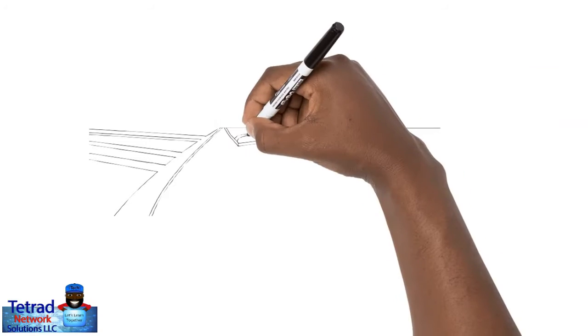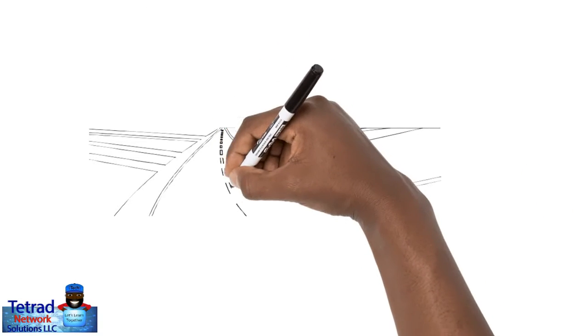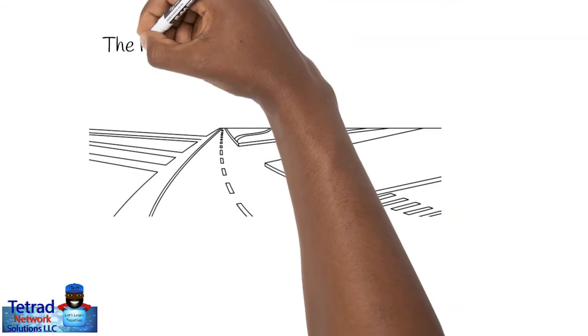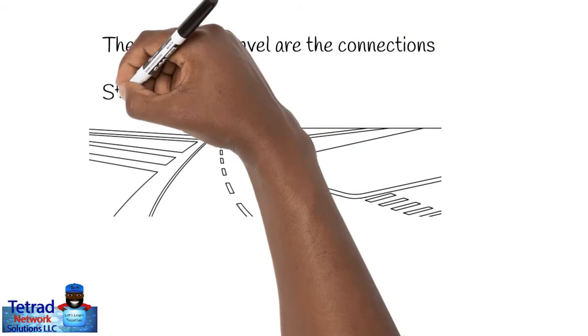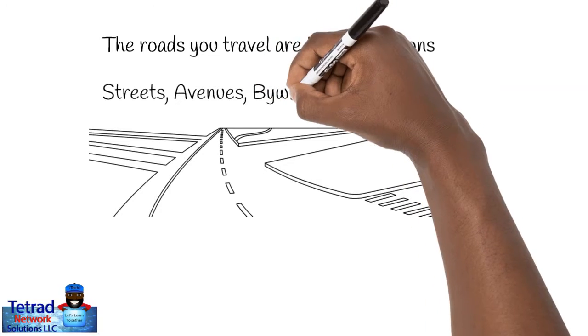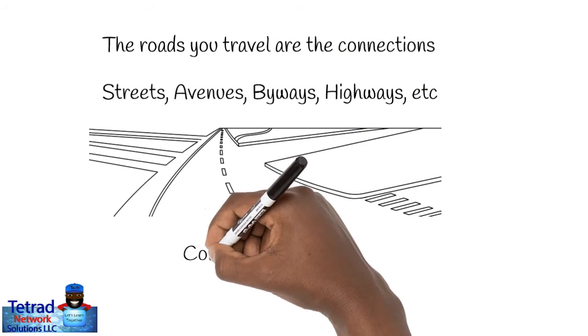All right. So the roadway that you're traveling on in pursuit of your package is your connectivity between point A and point B. That would be your streets, your avenues, your byways, your highways.